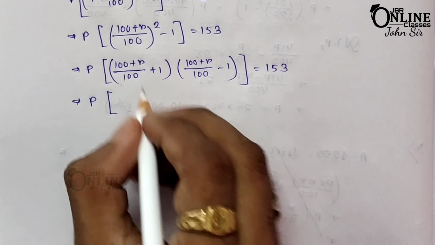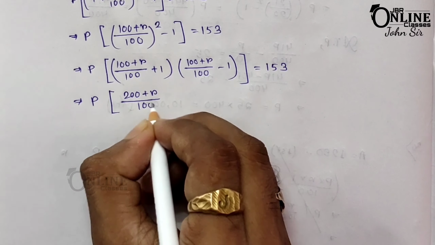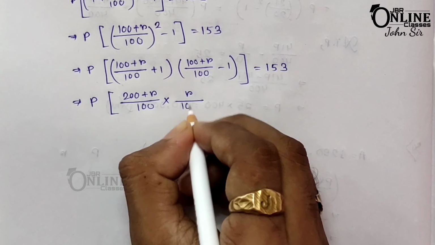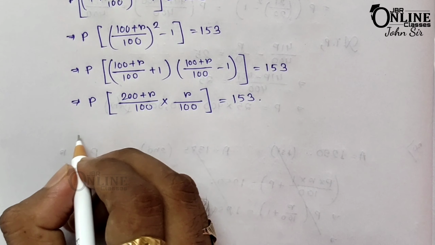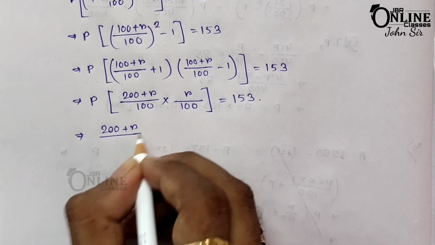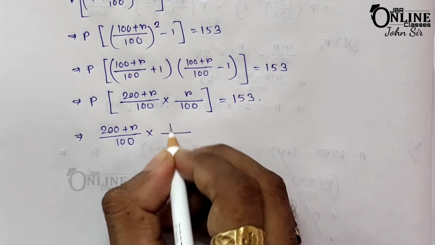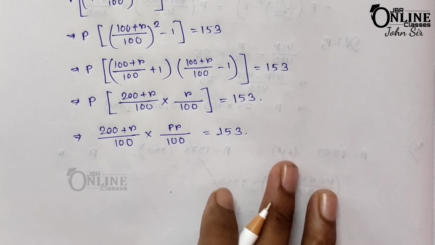So P into this one will be 200 plus R by 100, and this one will be R by 100, that equals 153. Now if P multiplies with this one, so 200R and this one PR by 100, that equals 153.